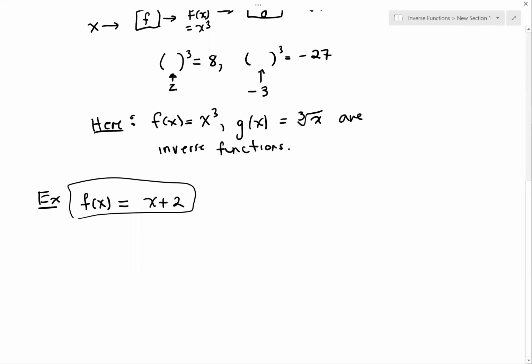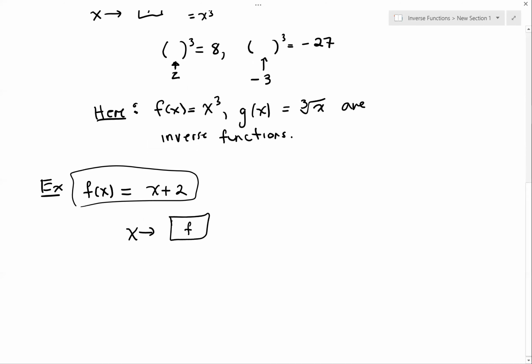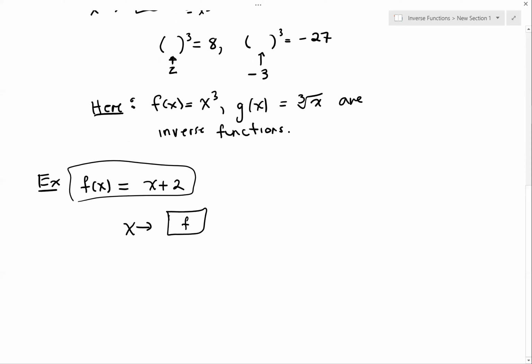So if we wanted to find the inverse function here, so x goes into F here. We're going to go into how to find inverses in the next video, so that's not the point in this video. But if x goes into this function F, we know that F of x is going to be 2 more than what was plugged in. And then if we plug that into the function g, which, just intuitively, is subtracting 2 instead of adding 2.